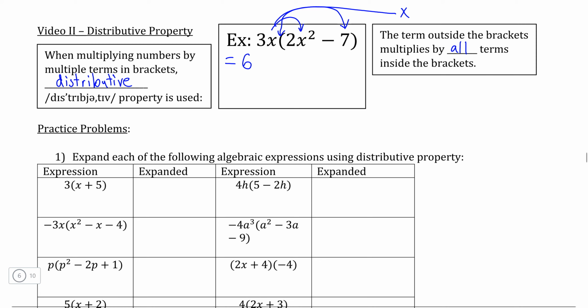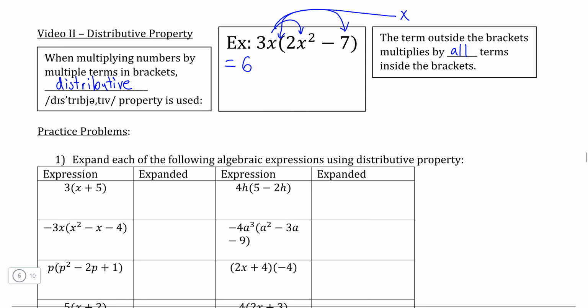Now, it appears at first glance that x doesn't have an exponent, but remember, if there is no exponent listed, that means that there is an invisible exponent of 1 here, so x to the power of 1 times x to the power of 2. And we remember from our exponent rules, whenever we are multiplying two exponents together, we can simply add the exponents together. So 1 plus 2 is 3, so we can say x times x squared is equal to x cubed.